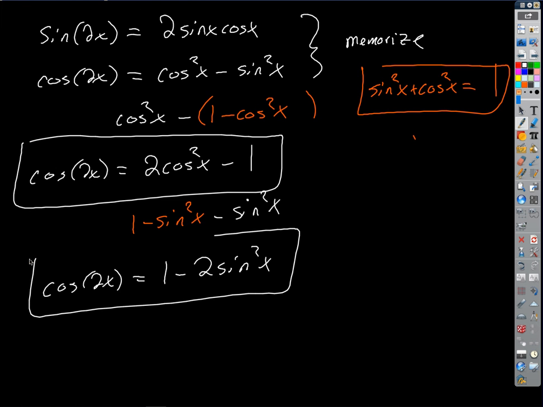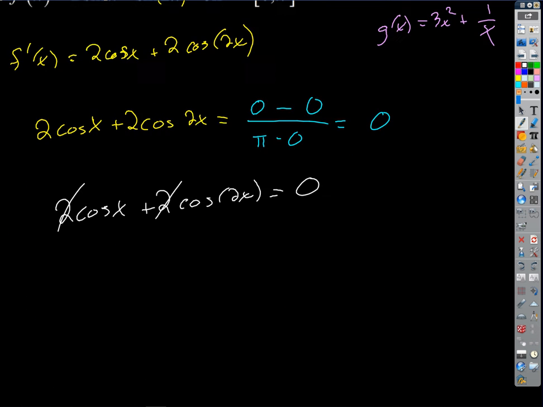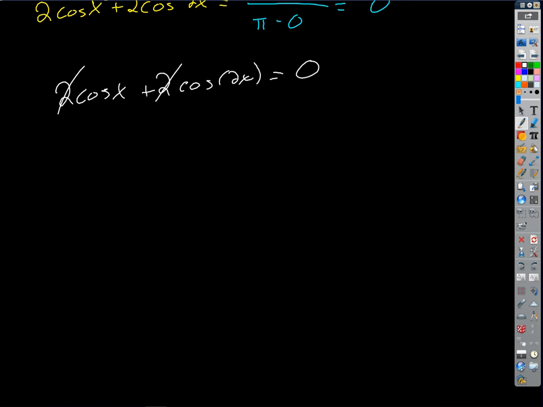Which one are we going to want to take advantage of here? Yeah, I'd like to write this in terms of cosines, since I've already got a cosine term, right? So I get cosine x plus cosine 2x, which I would just write as cosine x plus 2 cosine squared x minus 1.